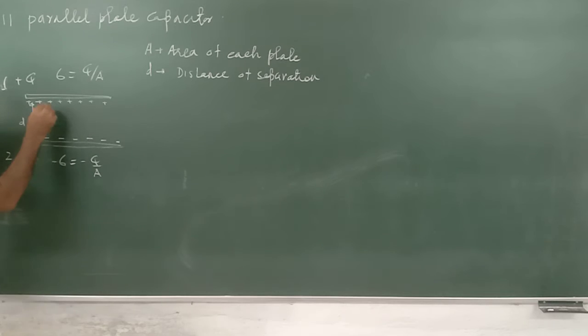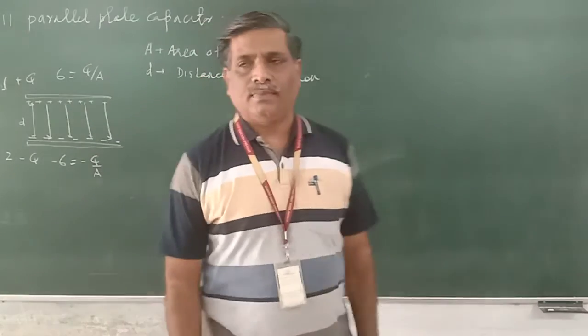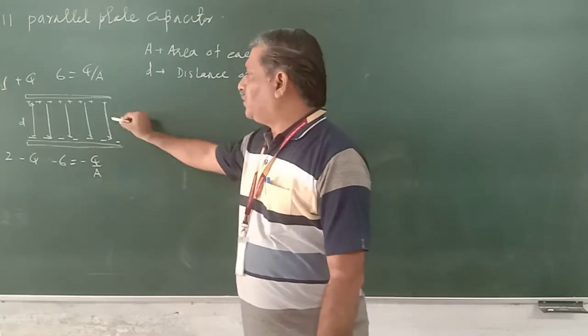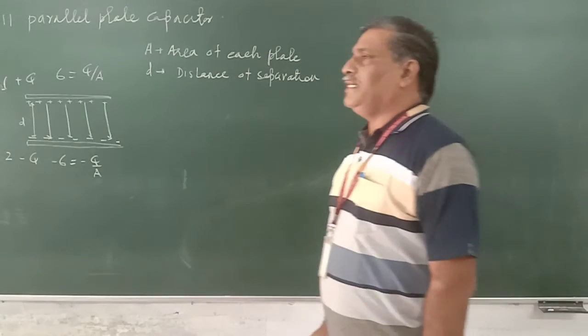Electric field is always from positive to negative. We have taken these plates very large, therefore in between the field is uniform. Let us consider each plate first.